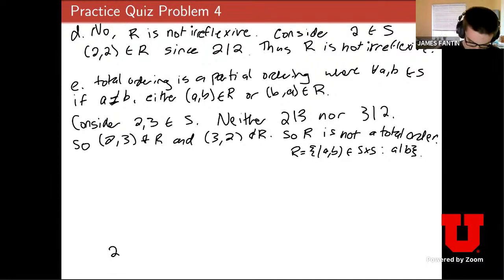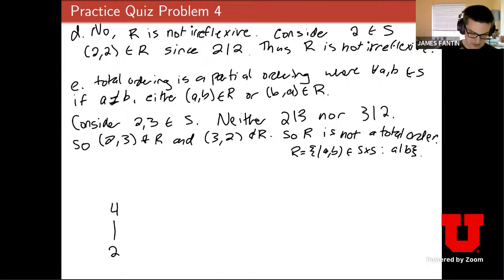So what are all the things that 2 would be related to? Yeah, somebody says all the even numbers. Yes, it would be related to all the even numbers.